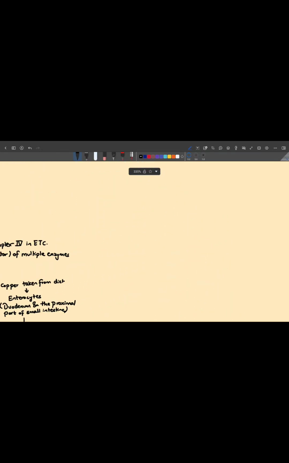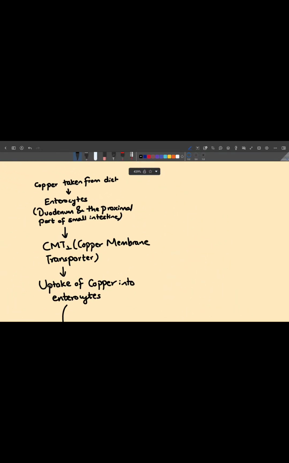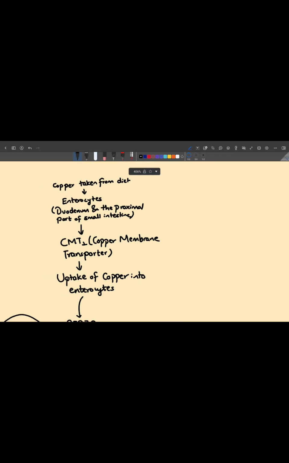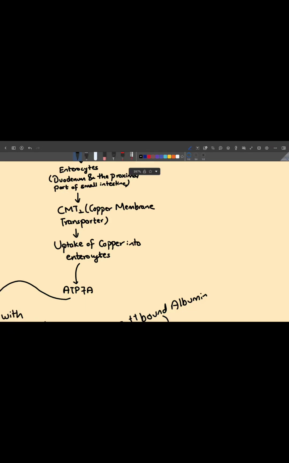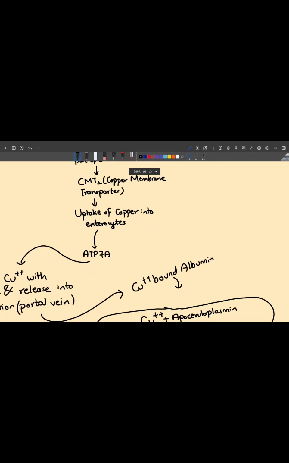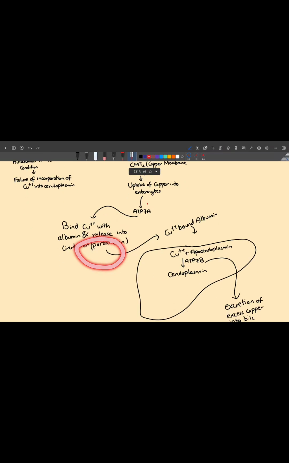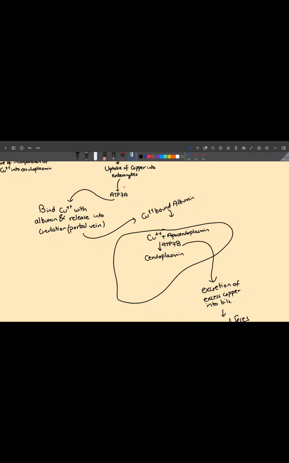So let's recap. Copper taken from our diet reaches the enterocytes, and in the enterocytes we have copper membrane transporter proteins, which promote the uptake of copper into enterocytes. With the help of ATP7A protein, copper binds with albumin and is released into circulation in the portal vein. This copper bound albumin enters the liver.